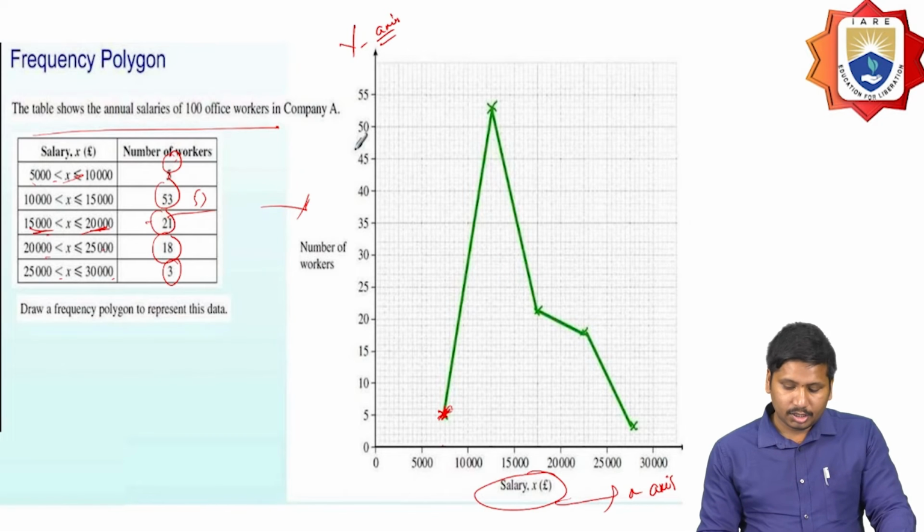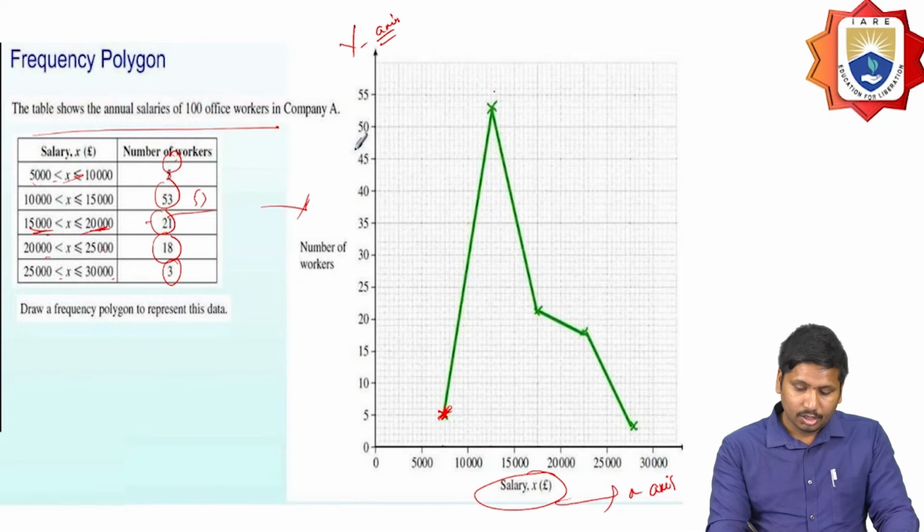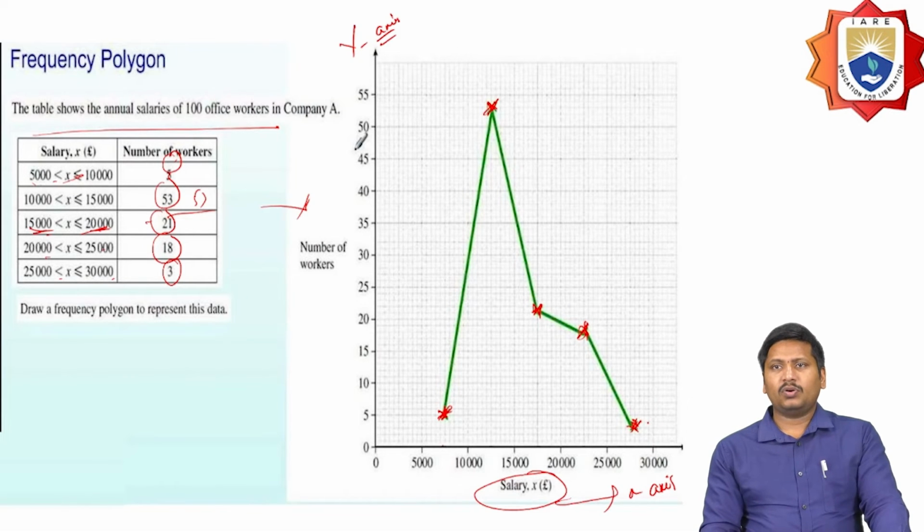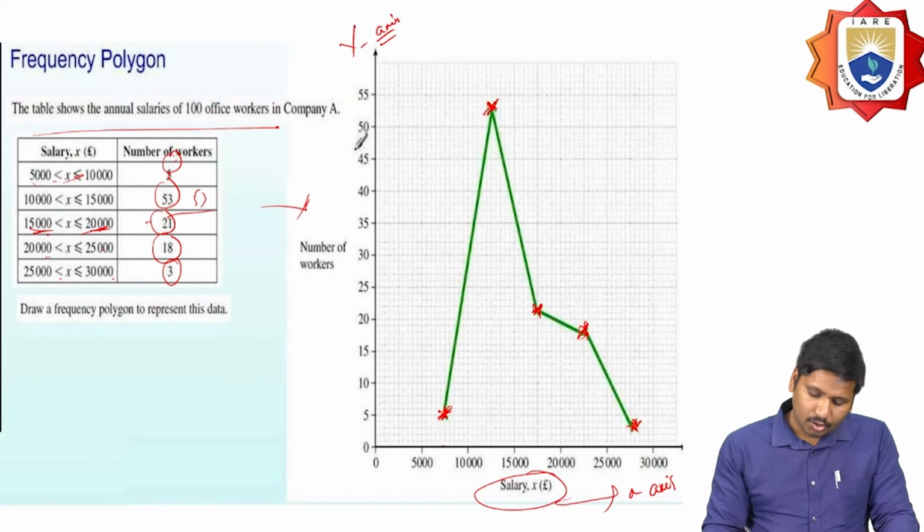And similarly, 10,000 to 15,000, in between should be 53. So I have marked this. And 15,000 to 20,000, 21. So mark 21. And 22,000 to 25,000, 18. So like this. And 25 to 33. So like this, I have to first construct all of these, and all the points should be joined through a straight line.